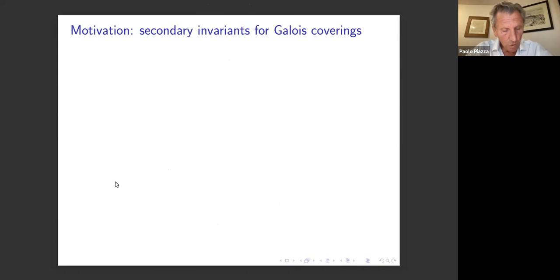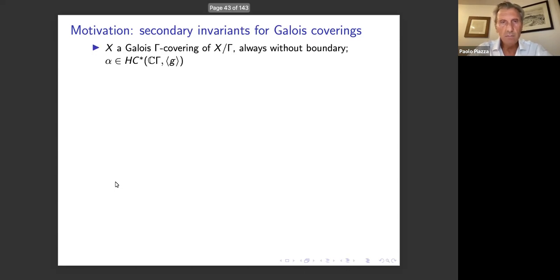And to talk about this, I want to first talk a little bit about Galois coverings, because the guiding ideas are always on Galois coverings. So let me talk about those.